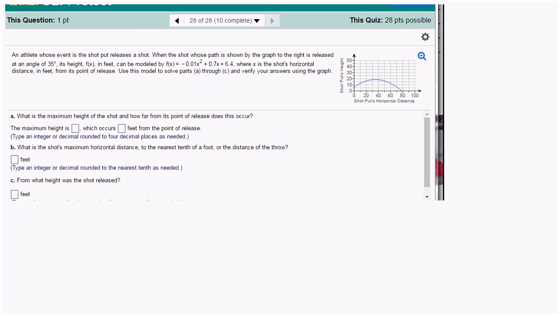So what I like to do when I get a question like this is I want to know what x is and what y is, what my f of x is equal to. And my x, they say, is going to be my horizontal distance from the release point.